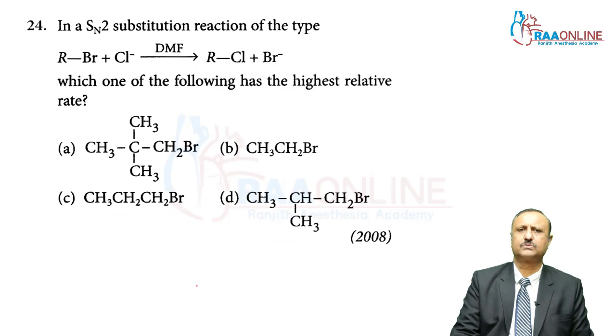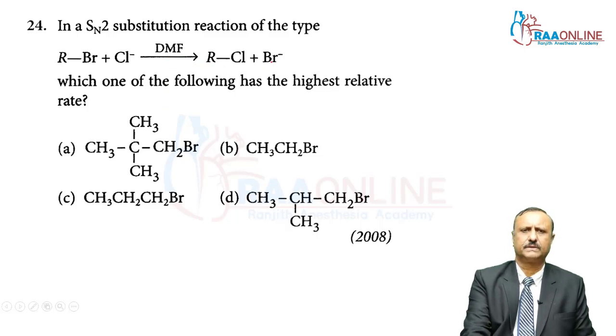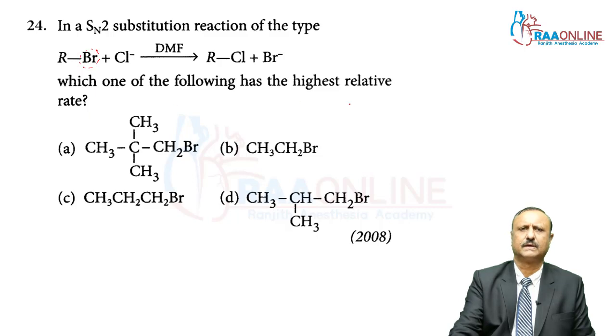In an SN2 substitution reaction of the type RBr plus Cl minus in DMF, a polar aprotic solvent, dimethylformamide, giving RCl plus Br minus, which one of the following has the highest relative rate? My dear students, the concept is this.